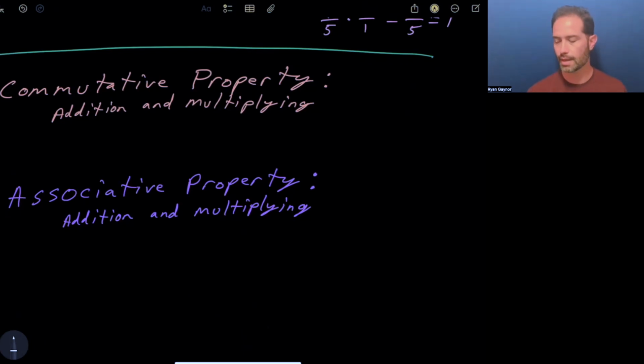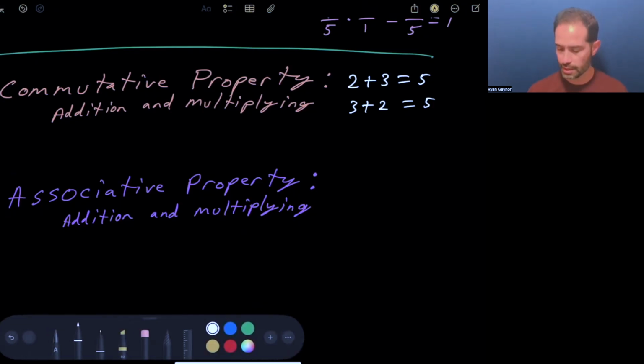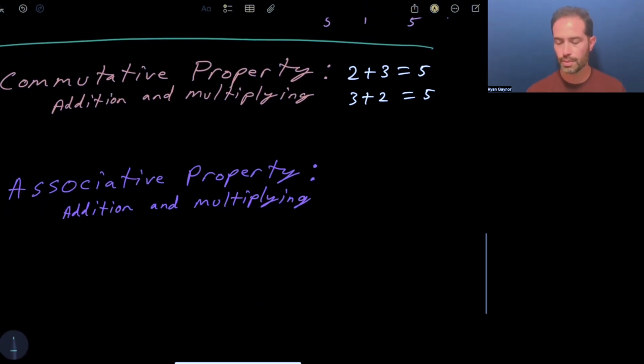So here we go. I could say 2 plus 3 equals 5. Then I can say 3 plus 2 also equals 5. Okay. Another example for multiplication would be, let's say 7 times 9 equals 63.